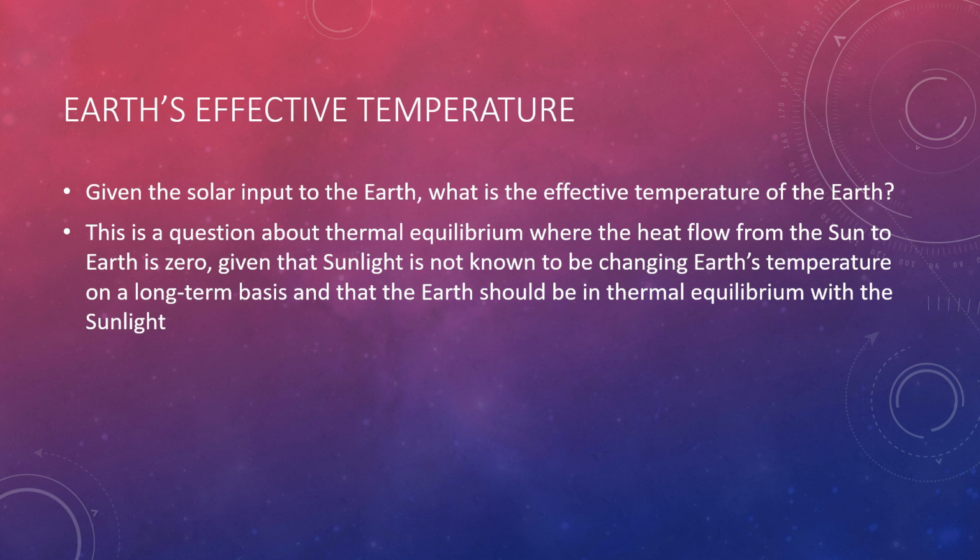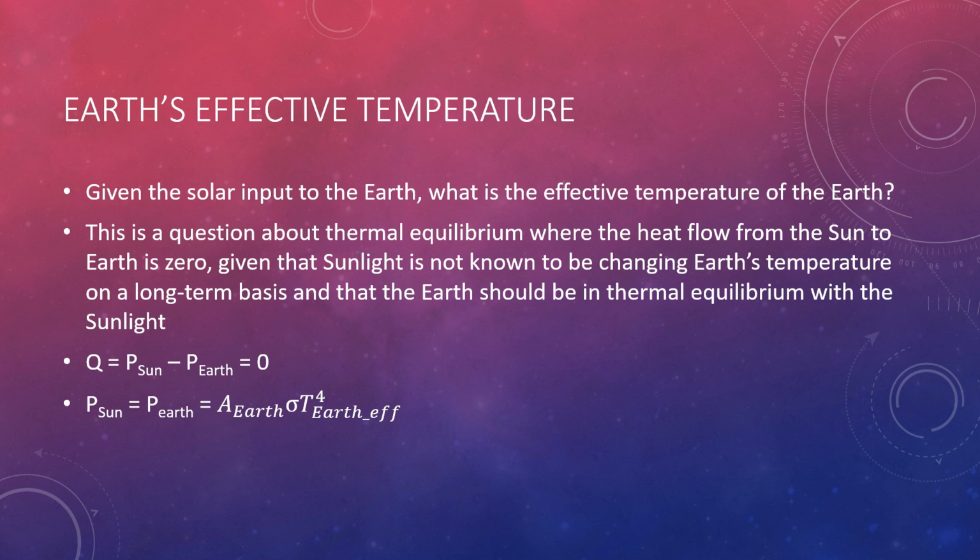These cosmic rays interact with Earth's atmosphere and create clouds. So that does have an effect on the climate, but that's not from a change in the sun's radiant flux output.